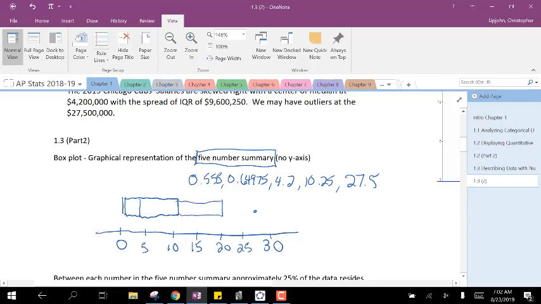And again, 2019 Chicago Cubs salaries, those dollars in millions. And there's our box plot.